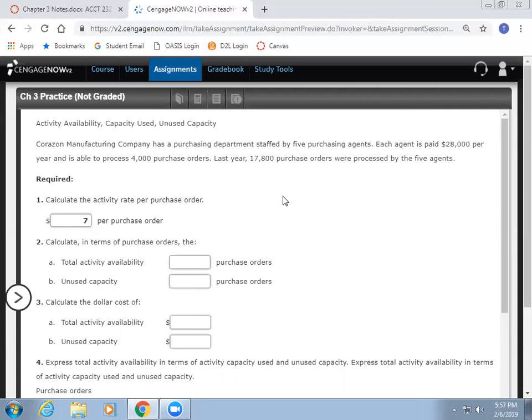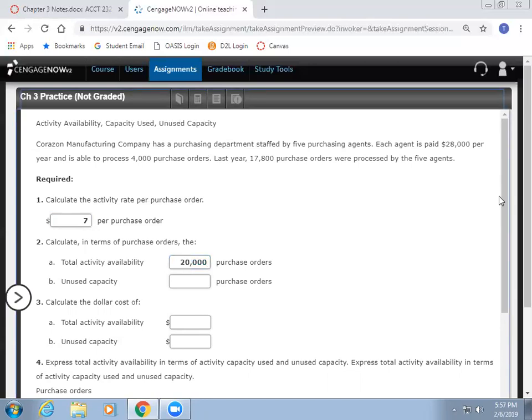Number 2, it says calculate in terms of purchase orders the total activity availability. Well, if they were working at full capacity, how many purchase orders could they process in a year? 20,000. Good. Because they're able to process 4,000 a year, and there's 5 of them, right? So in theory, they should be able to process in 1 year 20,000 purchase orders.